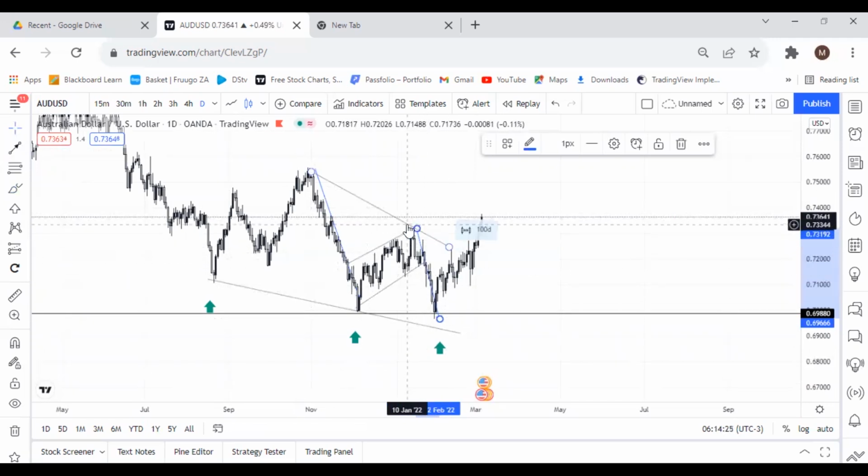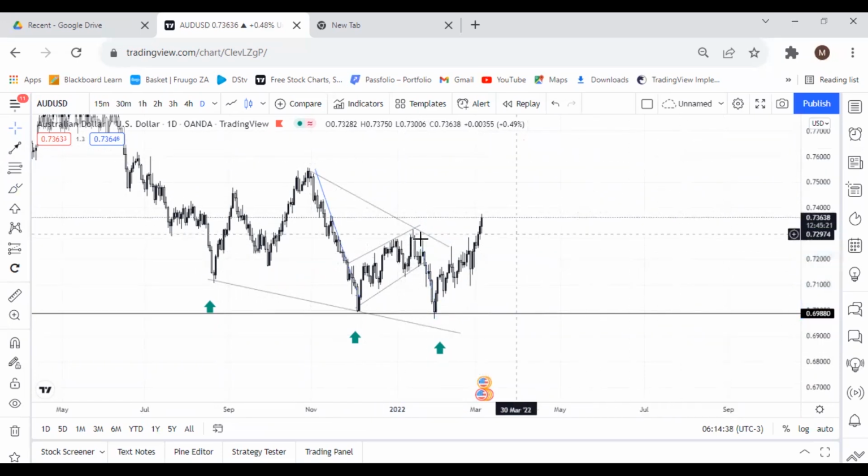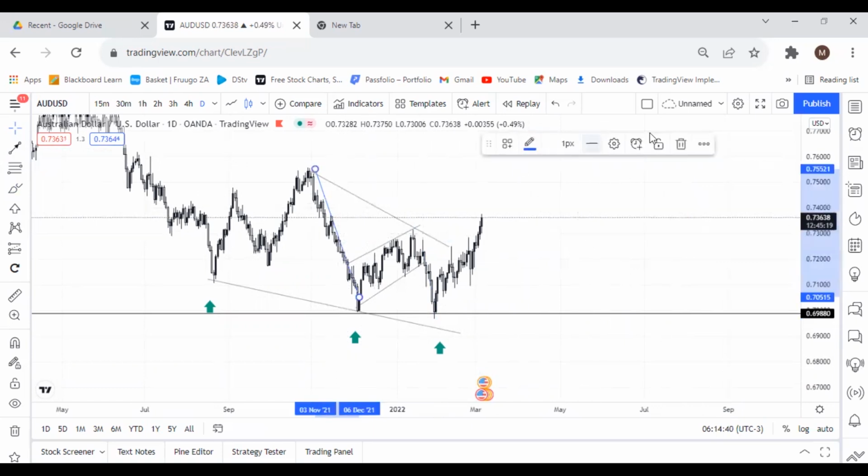So we anticipated that move to the downside, and that was our trade. Basically, we traded off the correction, anticipating the impulse, as that is what we profit off from.